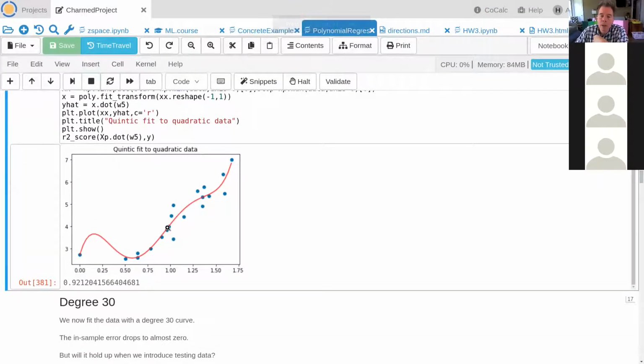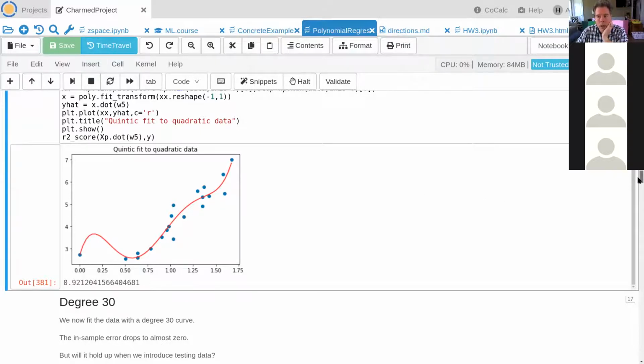But do you think this kind of captures the nature of the data as well as the quadratic curve did? Sort of like this squiggle is more like just a weird feature of this particular training data, and it doesn't really have to do anything with the distribution that generates the data that we're interested in.